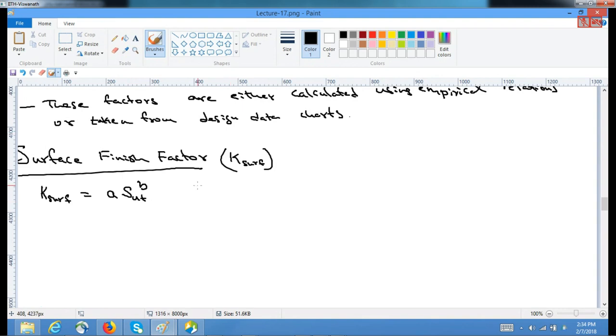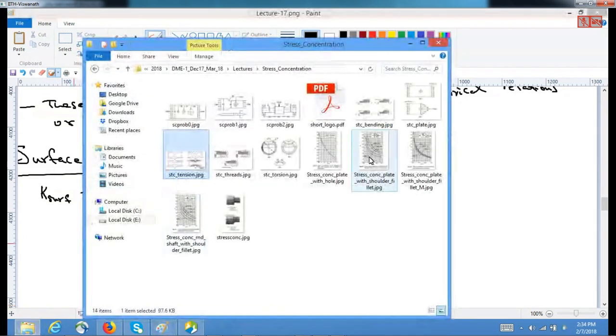Further, if by computing in this manner K-surf happens to be greater than 1, then we need to reset it to 1. K-surf can only go up to 1. It cannot increase it, it can only decrease it.